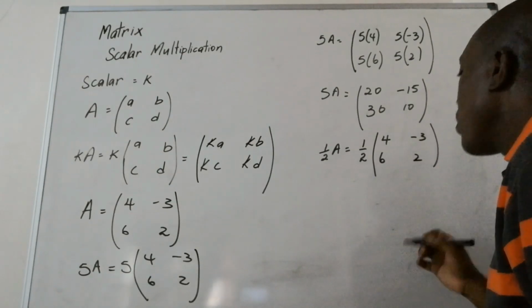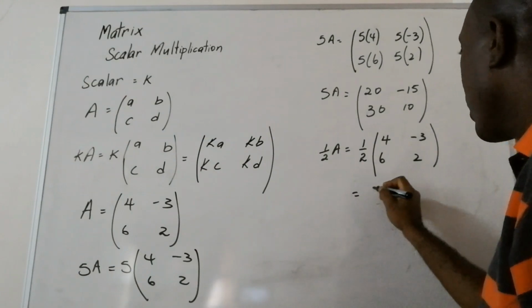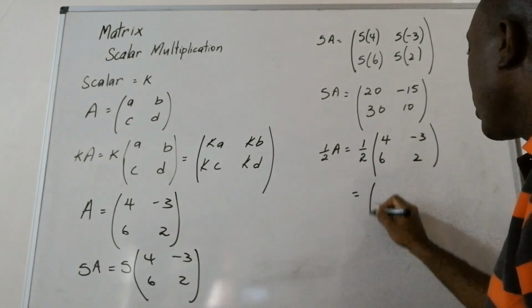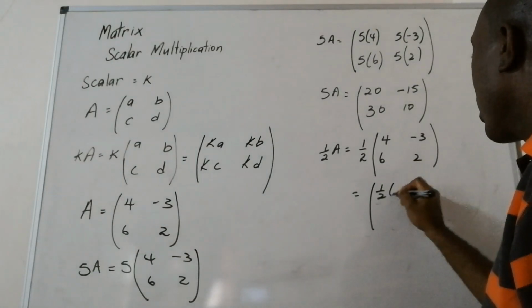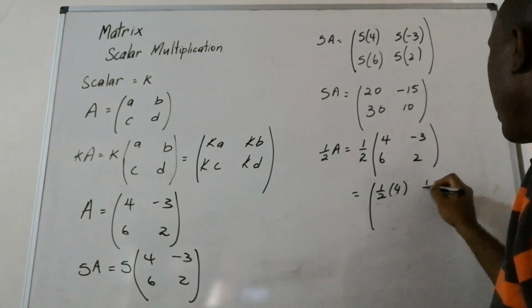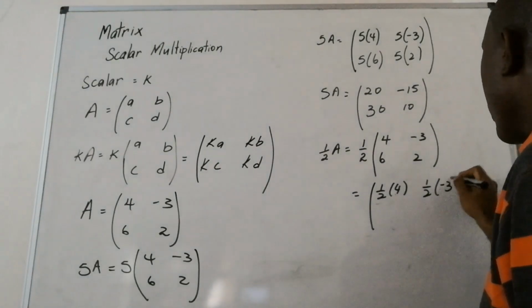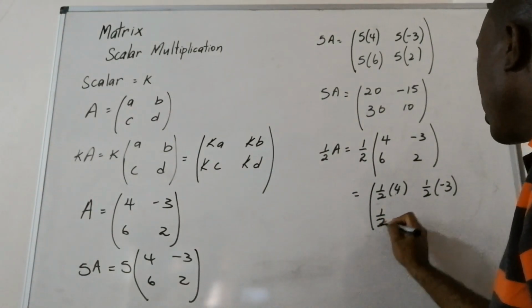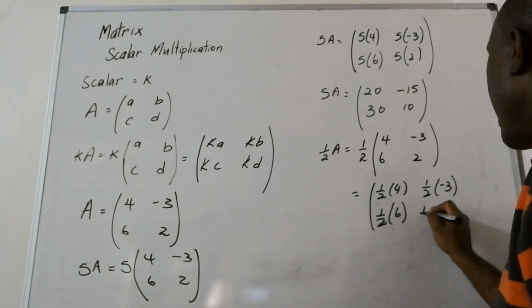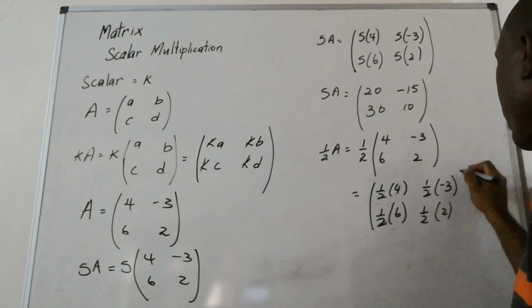That will give us half times 4, half times minus 3, half times 6, and half times 2.